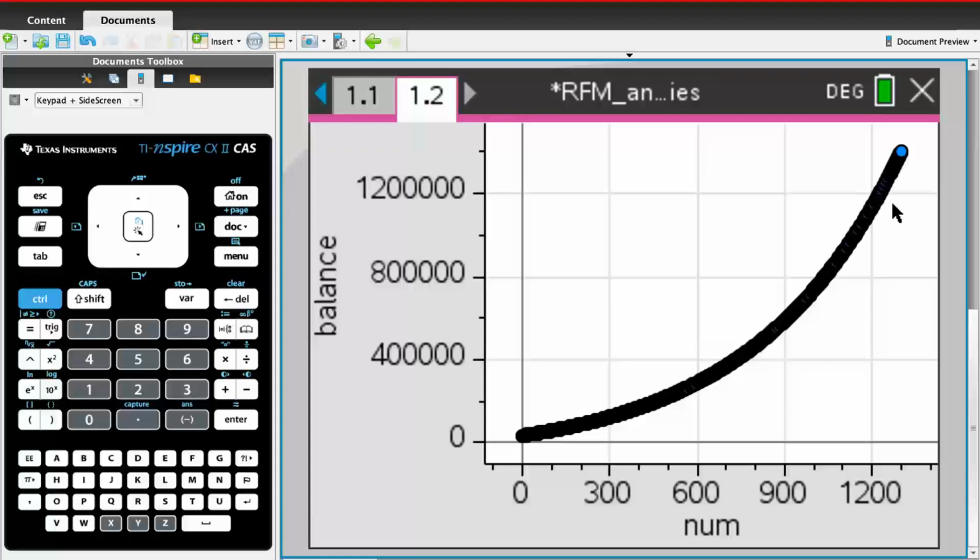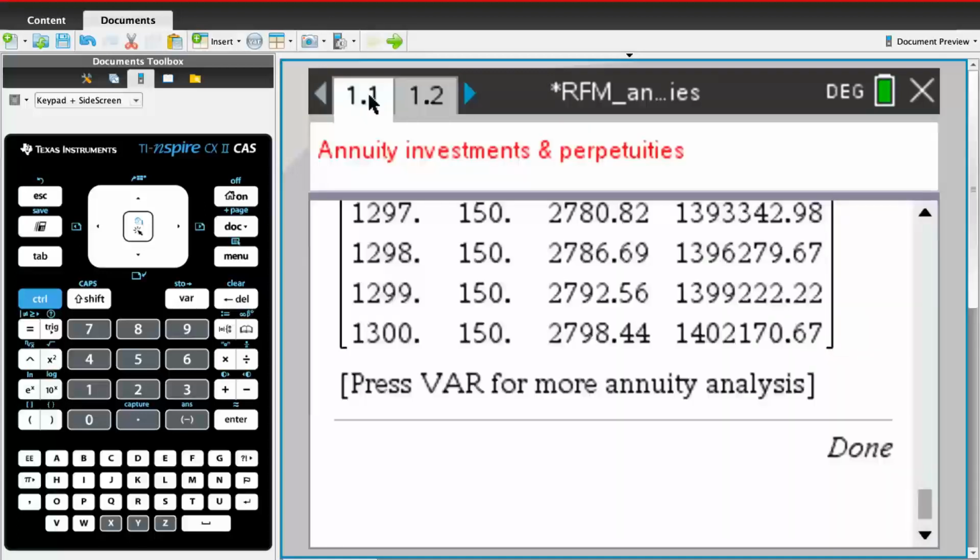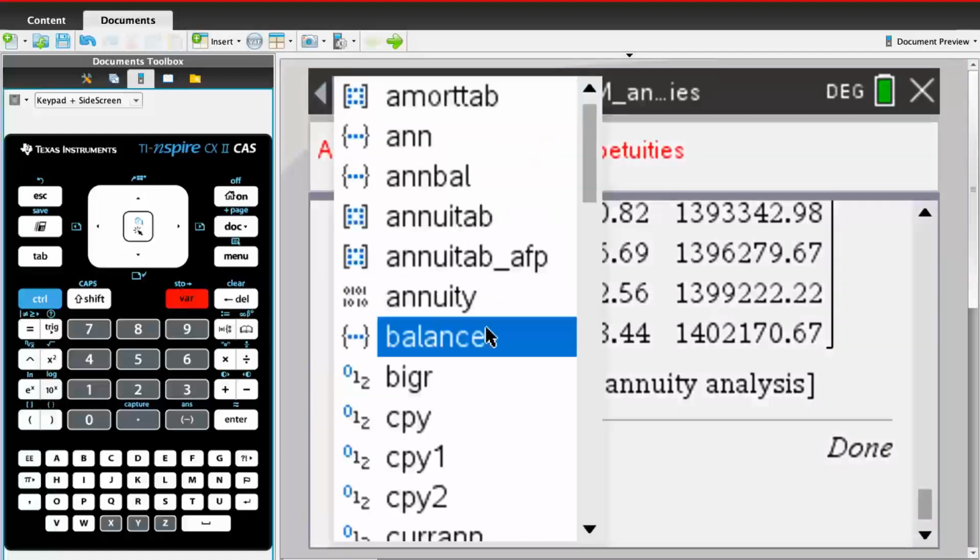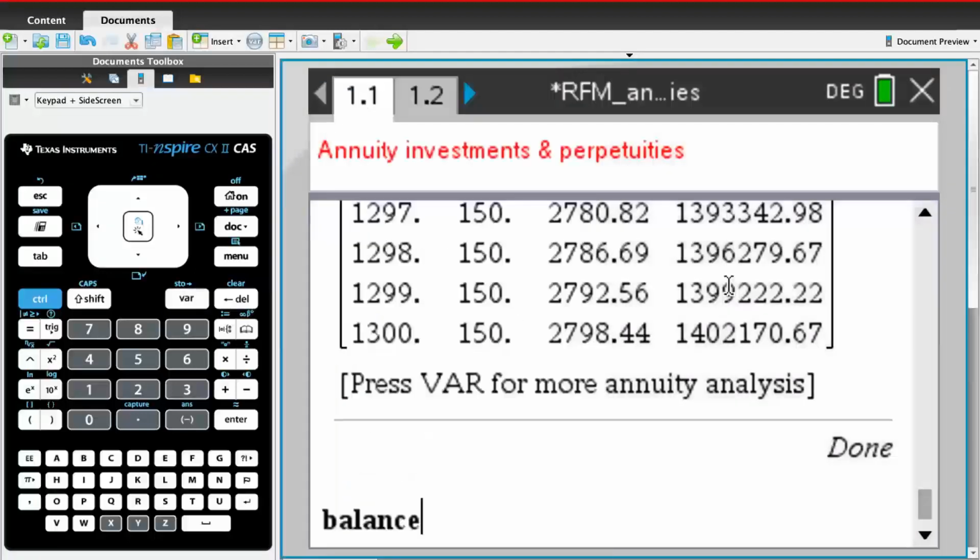So that's not the end of the usefulness of this, because we are able to check the balance. So I'll go back to VAR so you can see the variable, and you'll notice there's a variable there called balance, and that's really all the entries in this final column, the balance column.